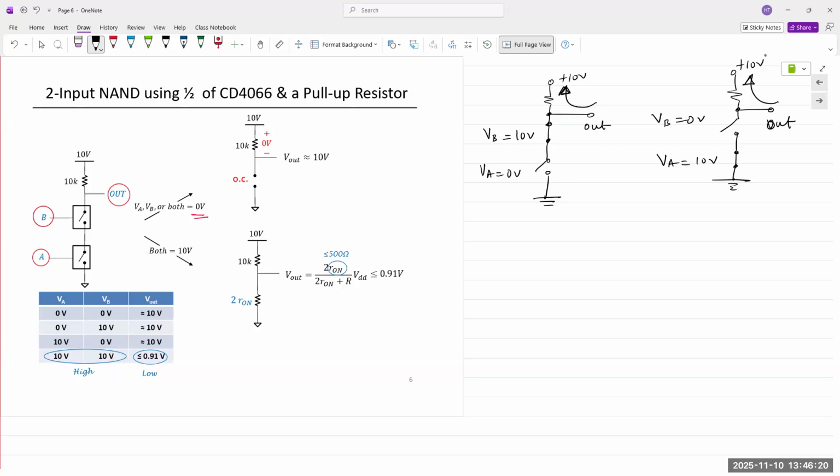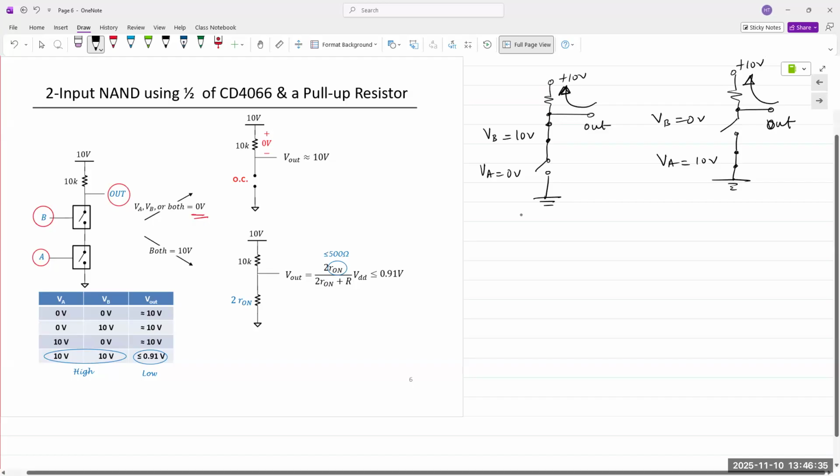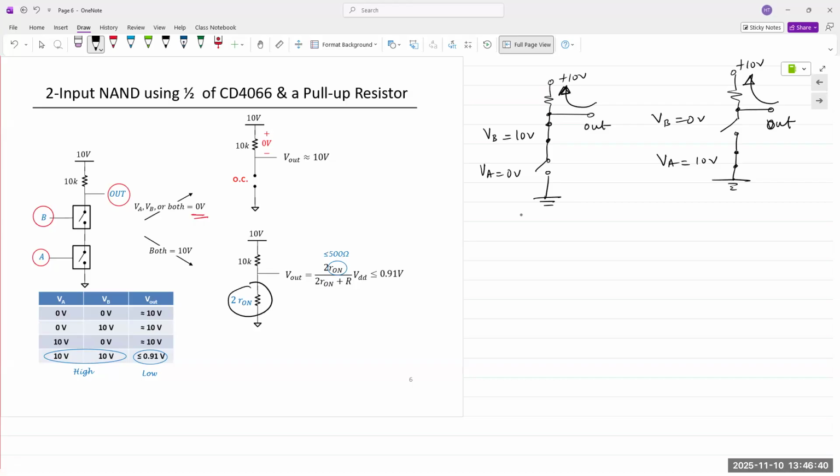So if either one of them is off, then the output is going to remain high. Does everyone see that? The only time it can go low is when both are on, and this gives us the on resistance of both switches.